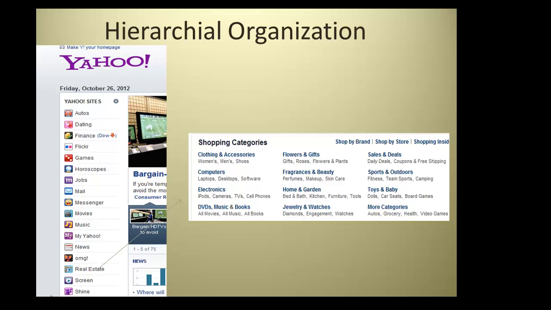It would be a second level on this hierarchical organizational website, and underneath those shopping categories, we would select clothing, or maybe we're shopping for flowers or for sporting goods, that type of thing. But next we would select perhaps clothing and accessories.